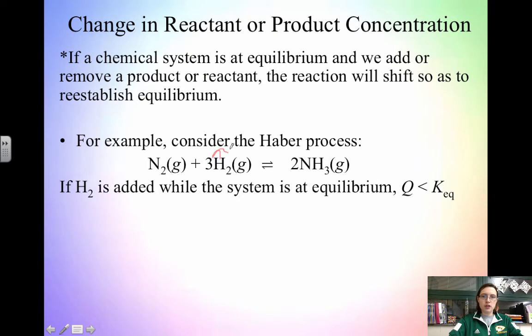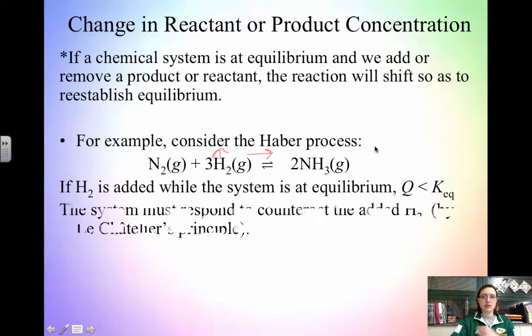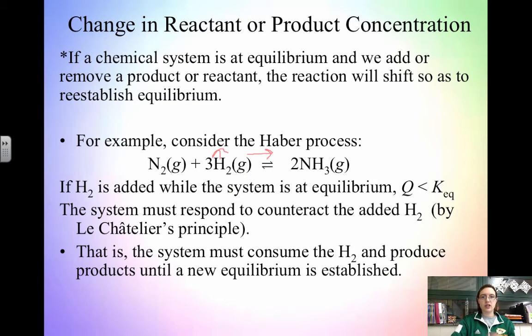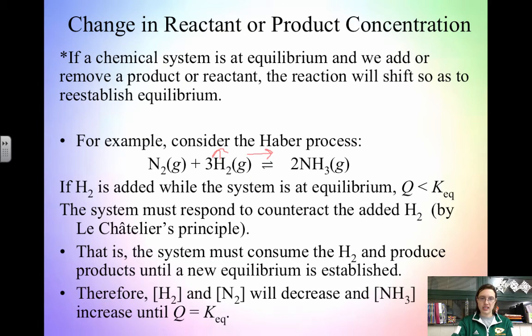Because we have too much reactant, we need to use that up, which means the equilibrium will shift to the right. We're going to use up this reactant that we just added, and we'll make more product. The system has to counteract this added H2, so it needs to consume this H2, which means it's going to make more product until equilibrium is established. Notice that it's also referring to K and Q.